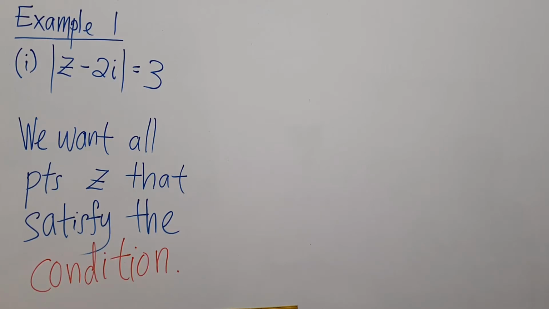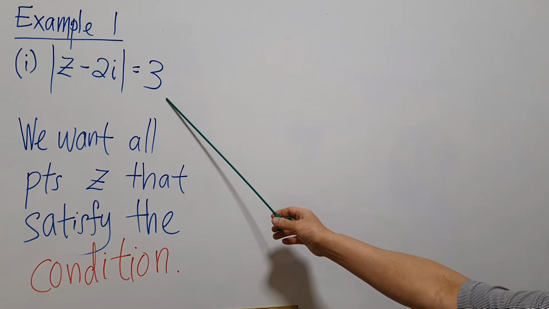Let us plunge right away into example 1. In example 1, part 1, we are given this equation and we want all points Z that satisfy the condition. What condition are we talking about? The condition is actually this complex number equation.